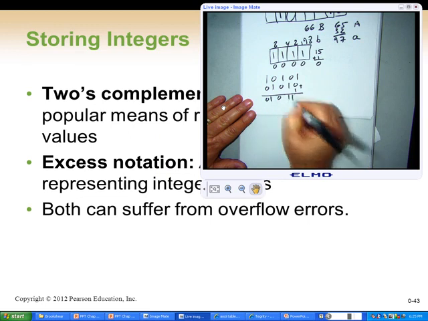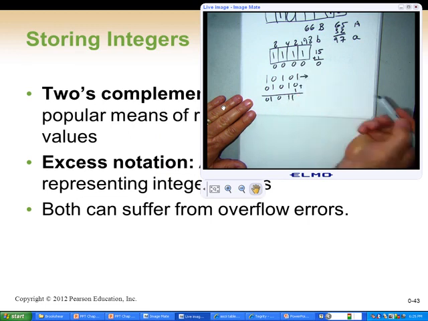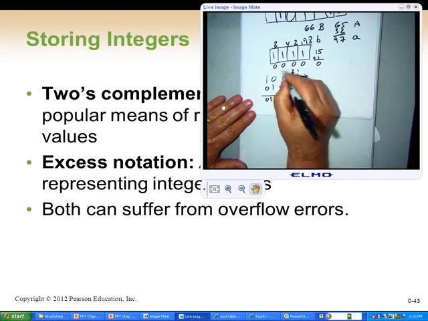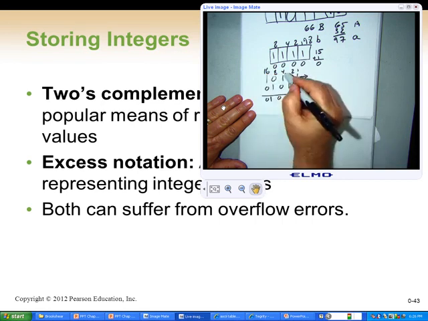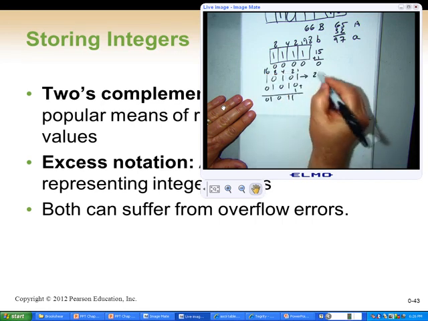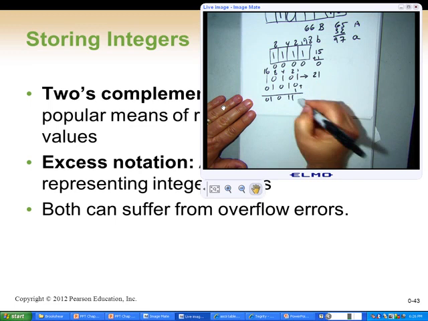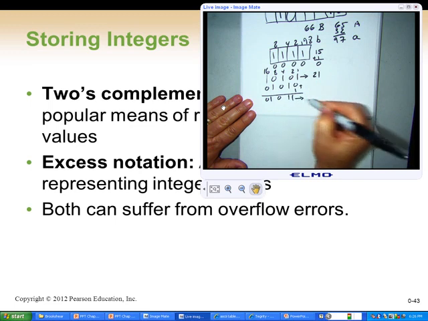So what is this in decimal? 1, 2, 4, 8, 16. 16 plus 4 is 20, plus 1 is 21. So this is the representation of negative 21.